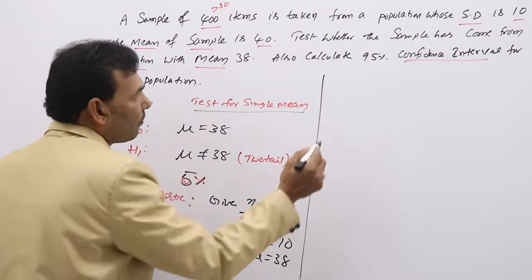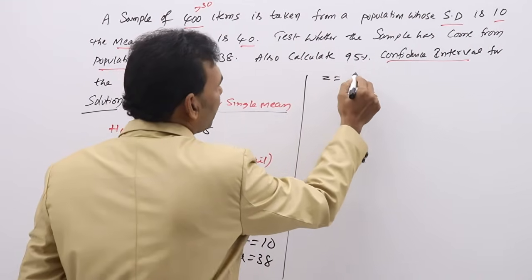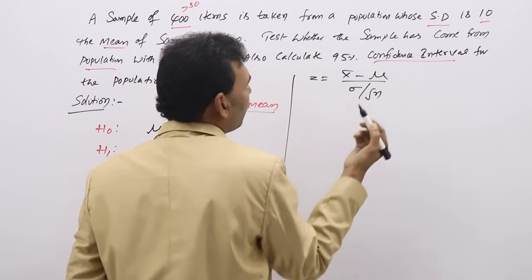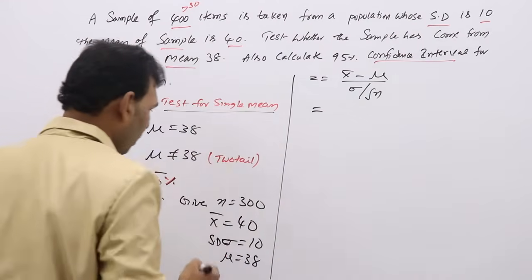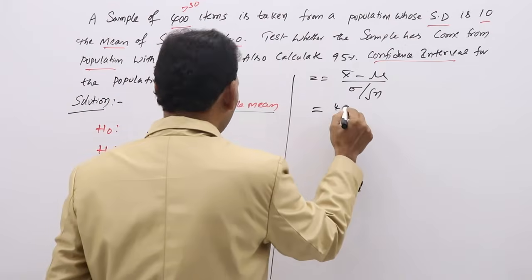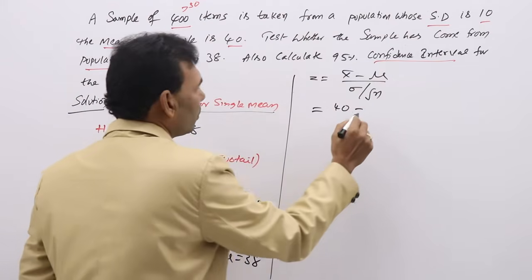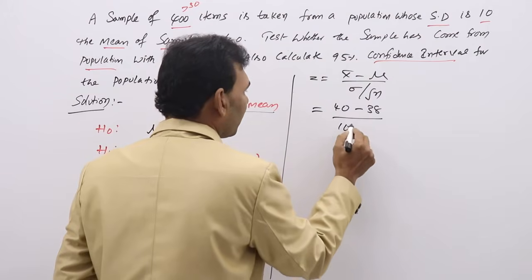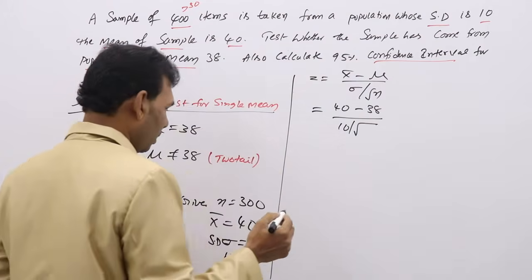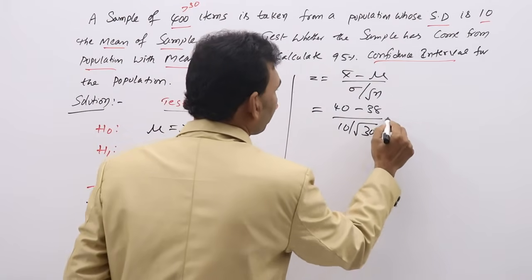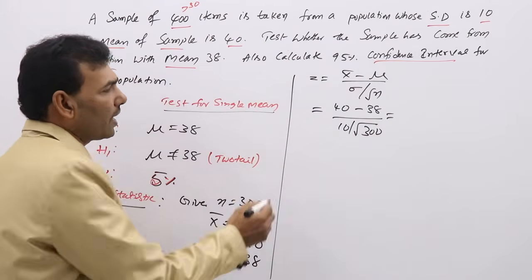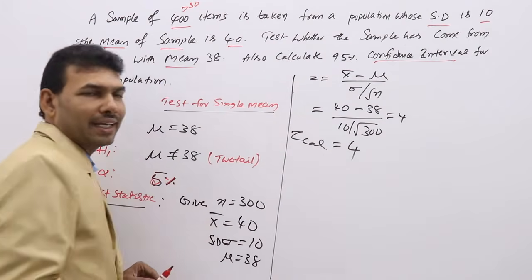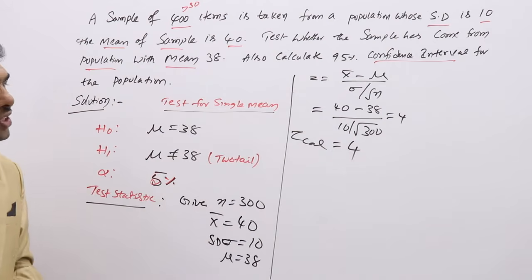Now write the formula: Z equals X bar minus mu by sigma by root n. That is 40 minus the mu value 38 by sigma 10 by root 300. If you calculate this value, you will get Z calculated, which is 4. Calculate that using your calculator.